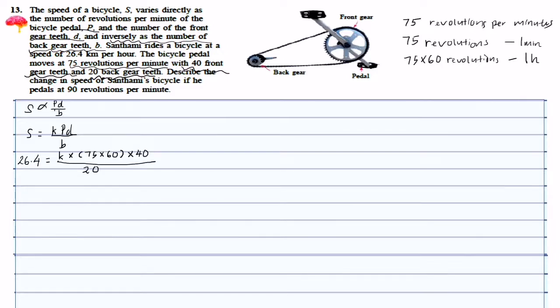We calculate the value of the constant. 20 move to the left hand side. 26.4 times 20 is 528, equals K times 75 times 60 times 40, which equals 180,000.